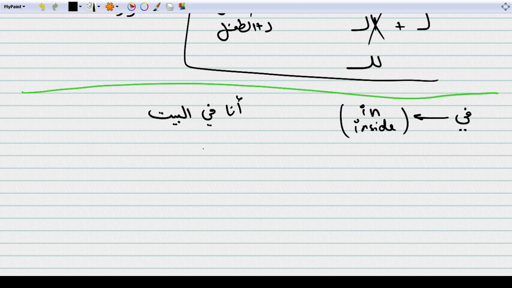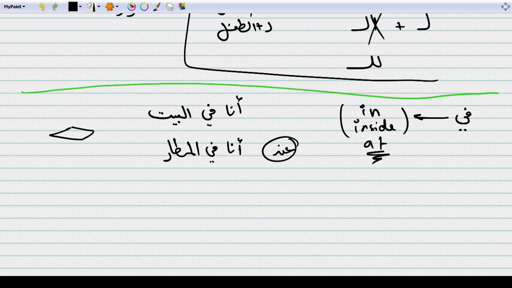When you want to say that I am at the airport, what do you mean at the airport? If you were just outside of the airport, you would say عند, which I'm gonna use later on. But if you are actually physically inside the airport, you should say in Arabic أنا في المطار. So في describes that you are inside a location.